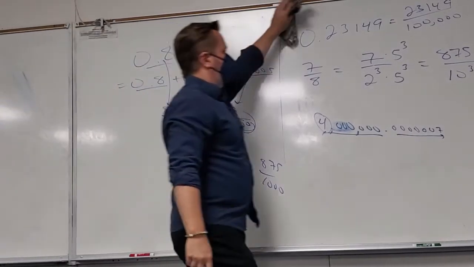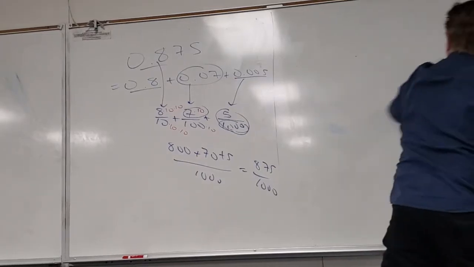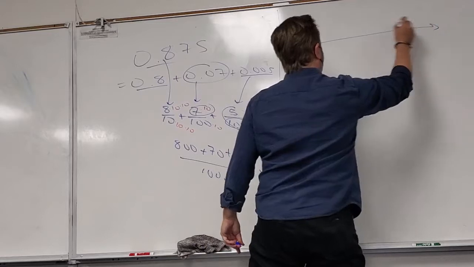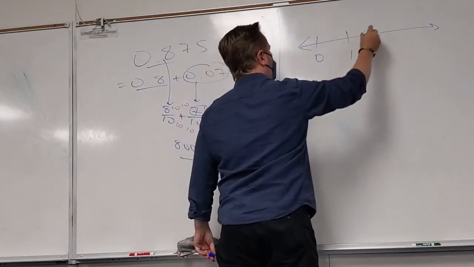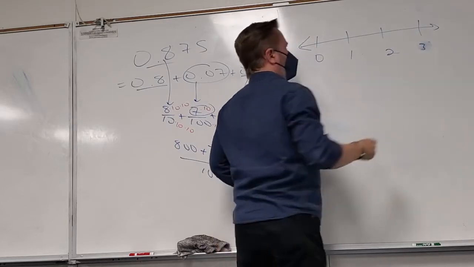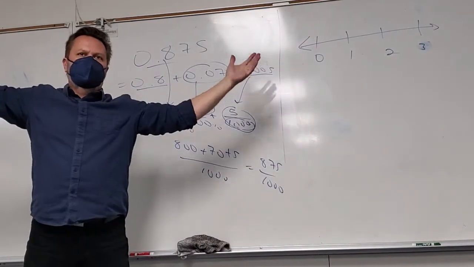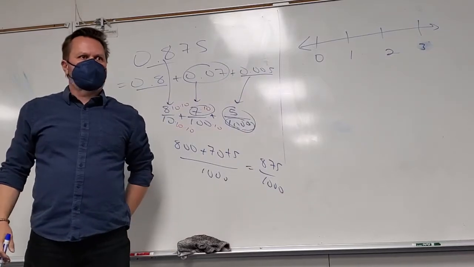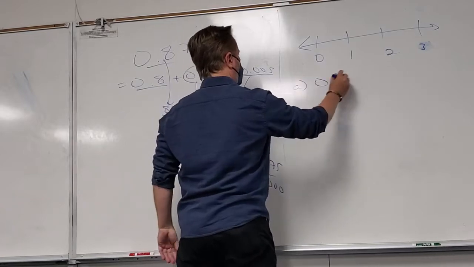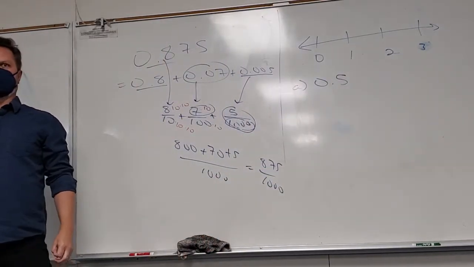All right, now, if I give you a number line, let's go 0, 1, 2, 3. And if I ask you to find 0.5 on that number line, is that a difficult question? Where is 0.5?